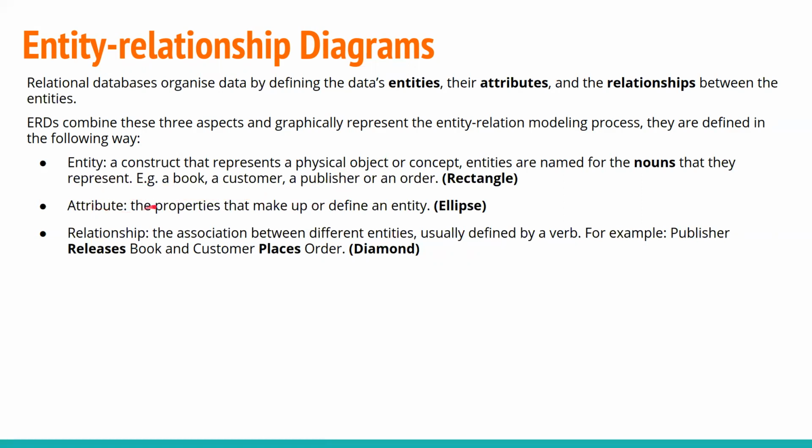And attributes. Just like in C#, when we create a class, our class had different properties in it, right? So for example, the person class would have a hair color, a weight, and a height, and a bunch of other things. A rectangle class would have a length and a width.